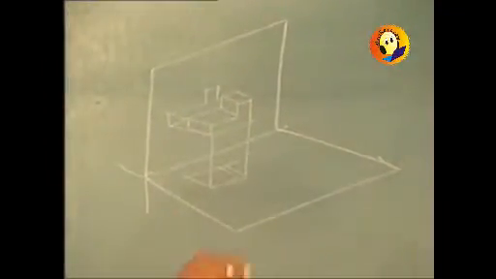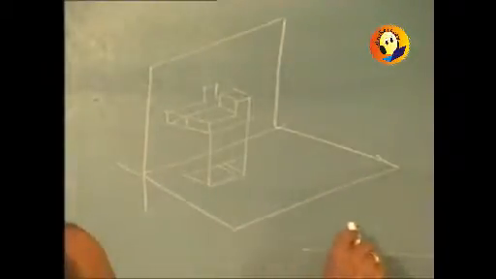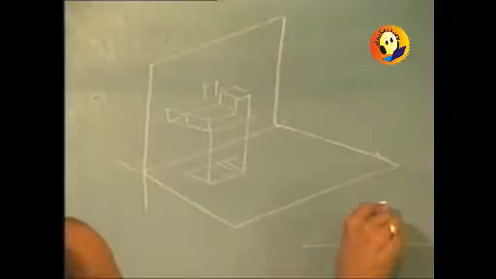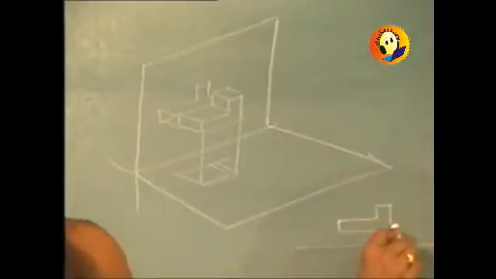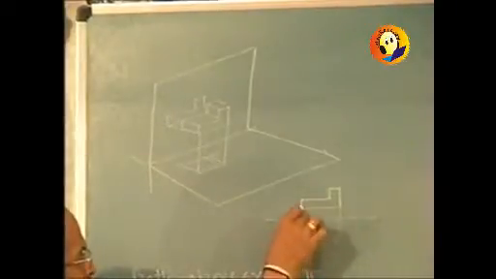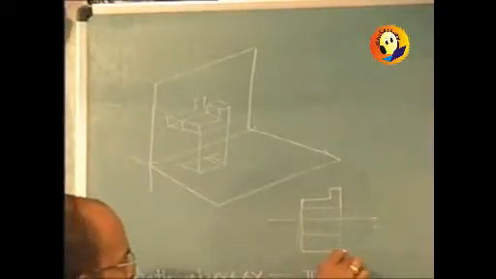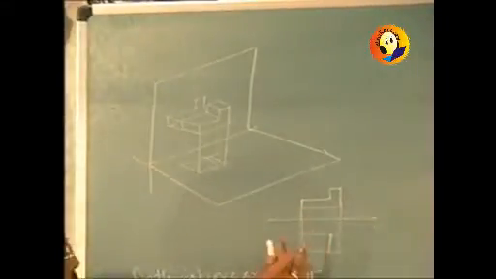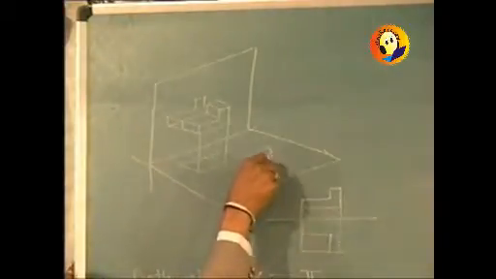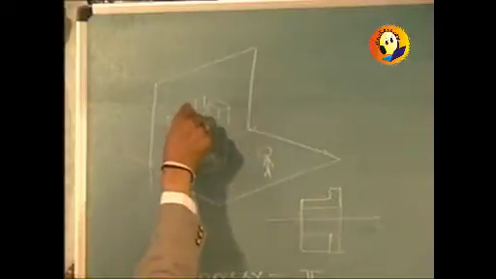And then when we open it up, you will get a view like elevation above XY line and plan somewhere over here below XY, or first angle. But the sequence, if you see, is going to be the observer, object and image.